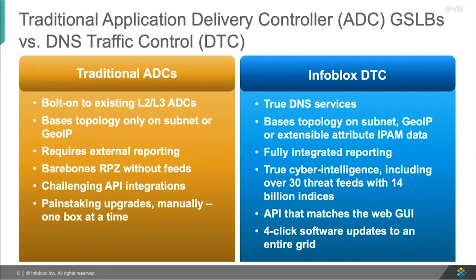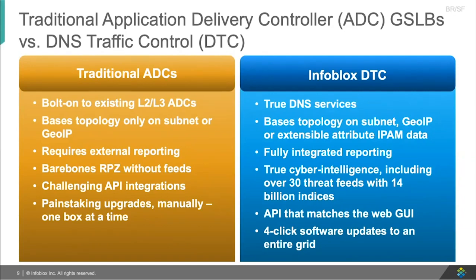DTC, on the other hand, was built from the ground up on our mature grid architecture, and everybody's familiar with our grid, and being able to use dynamic IPAM info to make load balancing decisions. Things like reporting and security and a full-featured API, those are part of every grid. Being able to sync to your cloud, and being able to pull all this different data from Microsoft and correlate it together.